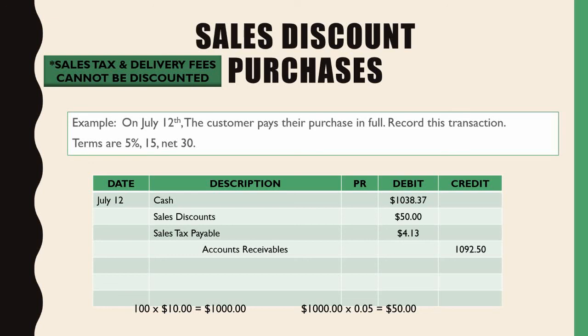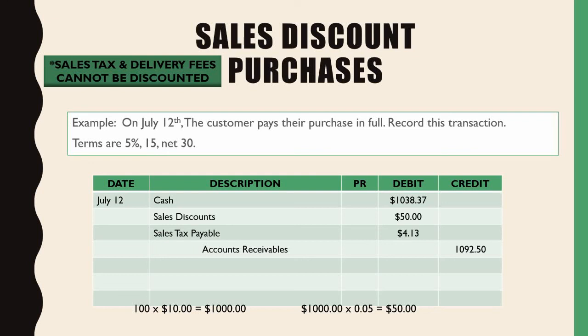What I did was I made my debits equal my credits. I used my journalizing method. It seems like it's backwards. Yes. Okay. Because ultimately you can't predict how much cash you're going to be receiving if you haven't calculated your discount yet.